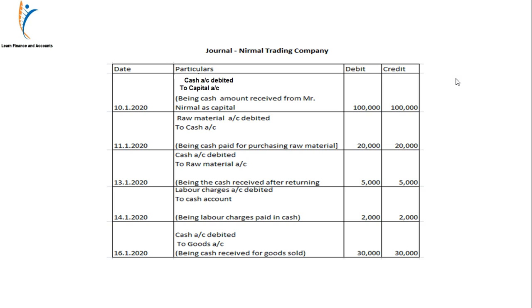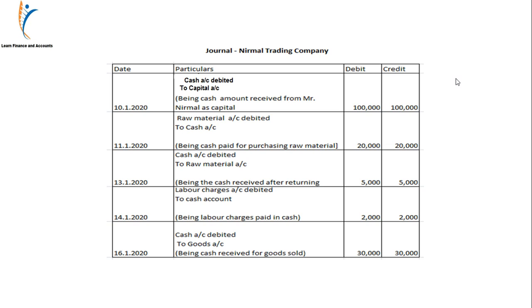Whenever a debit is there, we write that account name with the word debited. Second, capital account is credited. We don't write the word credited, we write the prefix 'to'. Cash account debited to capital account.